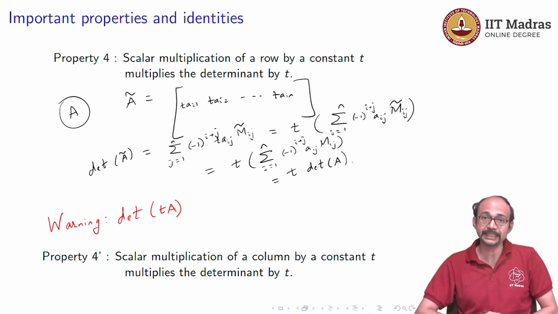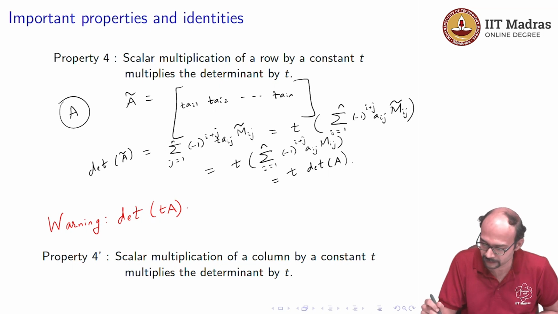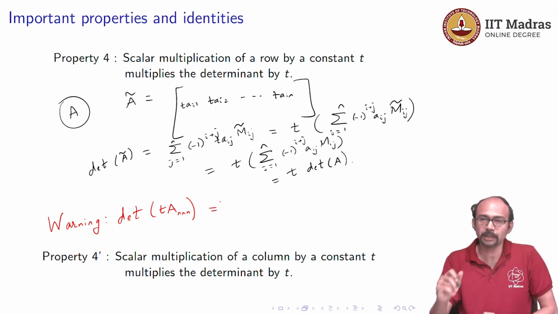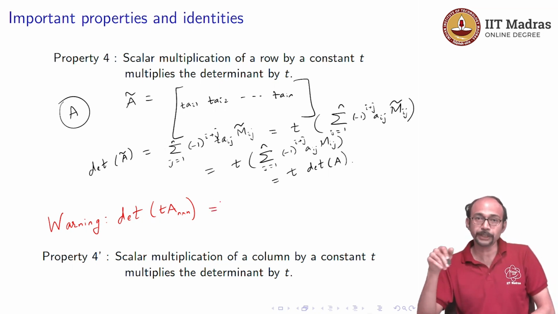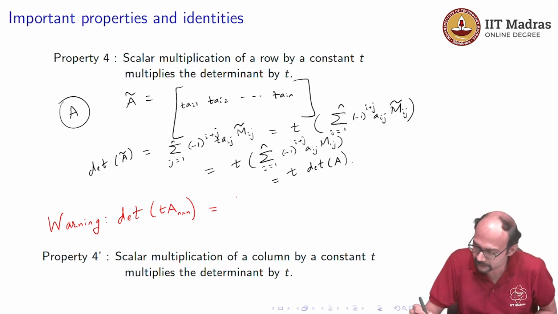That means you multiply each entry of that matrix by that scalar. If you do that, and this is an n by n matrix, then this is like multiplying not just one particular row or one particular column by t, but every row or every column by t. So you will pick up a t in the determinant from each row. So what you will get is t to the power n times determinant of A.